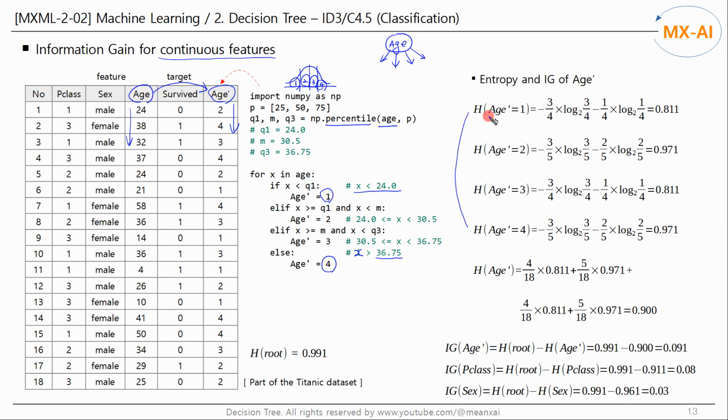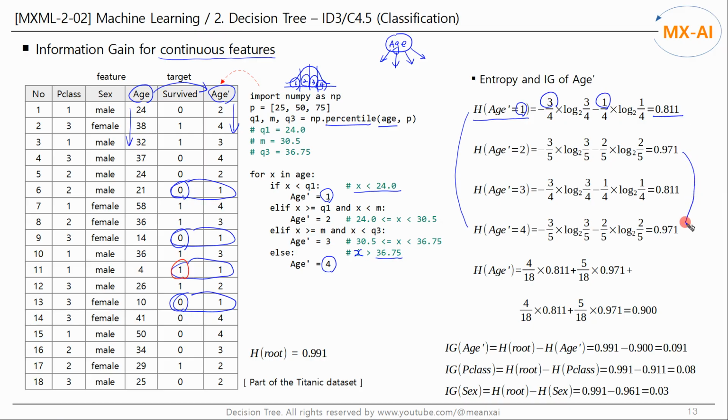Let's calculate the entropy of the node whose age prime is 1. This node contains the following 4 data points. This node has 3 data points with target 0 and 1 data point with target 1. So the entropy is 0.811.